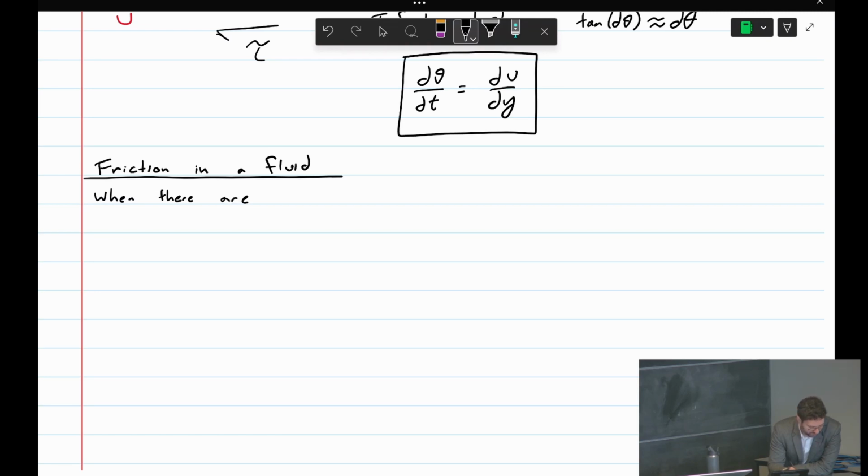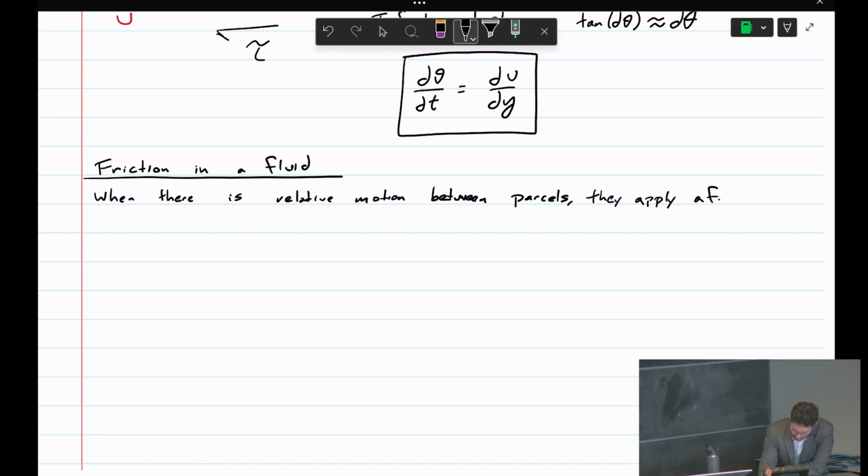So when there is relative motion between parcels, they apply a frictional force to each other.